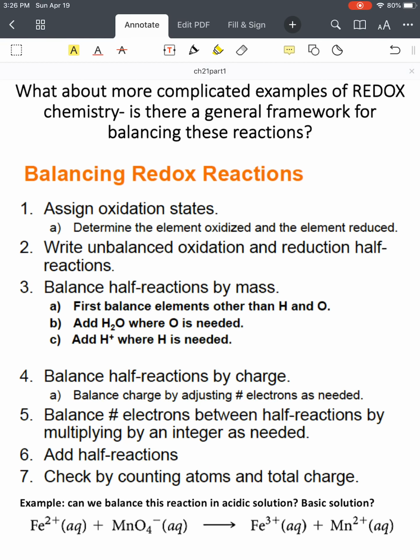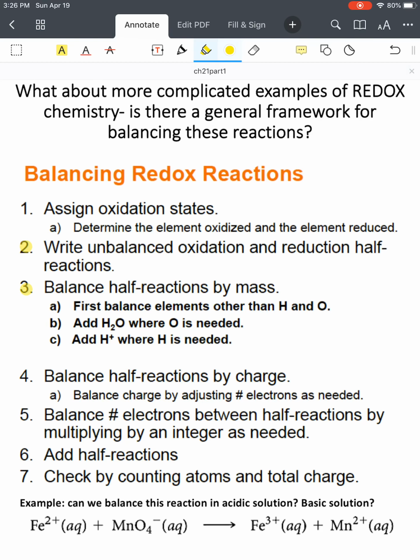The first thing that we're going to do is assign oxidation states. You got to determine the element which is oxidized and the one that's reduced. Because the next step, number 2, is to break up the reaction into an oxidation and a reduction half reaction. We then balance each half reaction individually for mass, just like we did in that previous example.